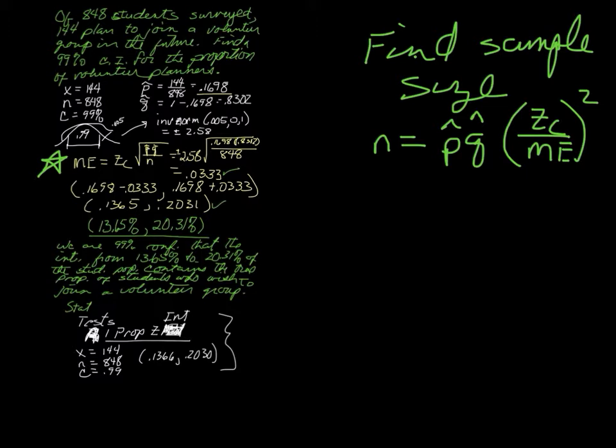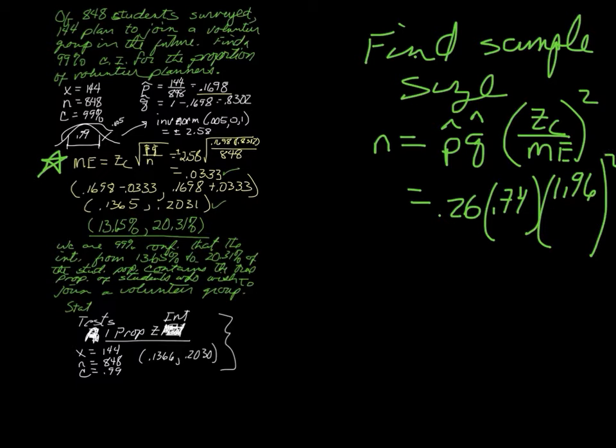They actually give a p hat of 26% who said they plan to travel outside the U.S. So what would p hat be? It would be 0.26. What would q hat be? 0.74. The critical value of z for 95% is 1.96. You'd square that, and the margin of error, they told us, was 3%. So you just have to multiply those things out and get the sample size. So it's not too hard.